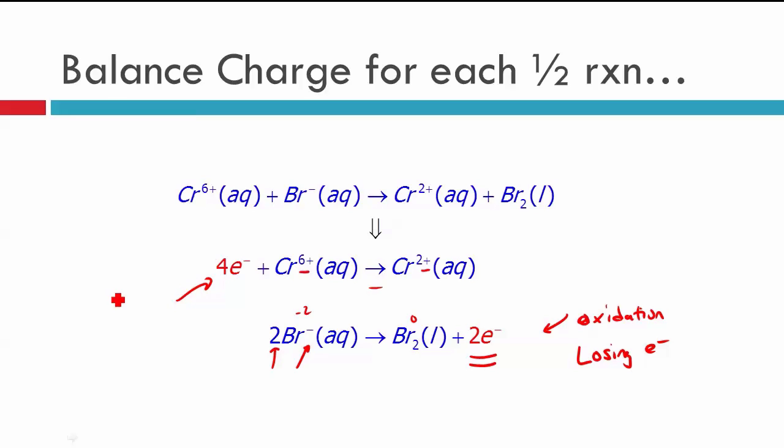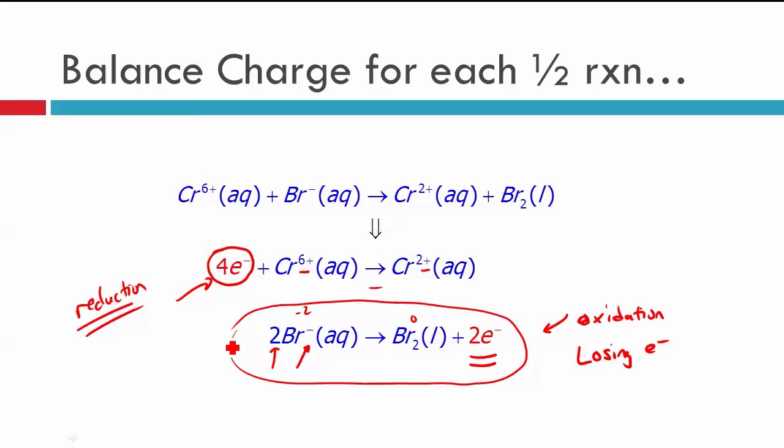However, our reduction, because the oxidation number is going from 6 to 2, it's getting smaller, it's being reduced, requires us to have 4 electrons to even run. Therefore, we need 4 electrons before the reduction can occur. To make that happen, this entire reaction is going to have to happen more than once. So this is what we're going to do. We're going to balance the number of electrons that get transferred, and that'll take that into account.